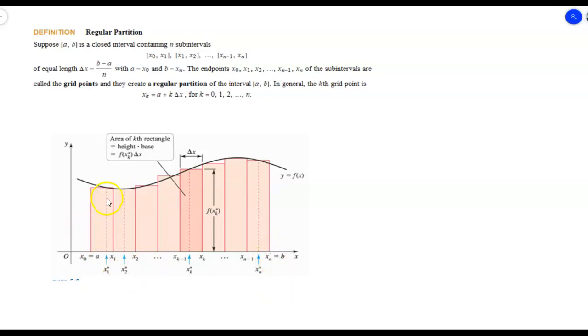One way that we can do it is to divide that interval into equal subintervals. So here they did 1, 2, 3, 4, 5, 6, 7, 8. They did 8 equal subintervals there. That would be your n. So n would be 8 in that case.